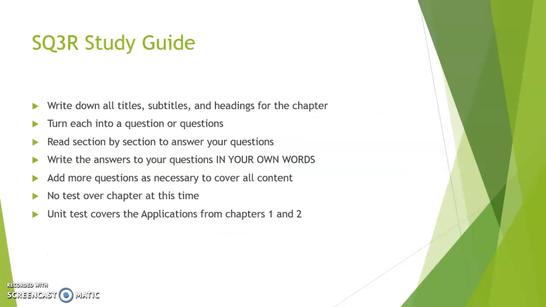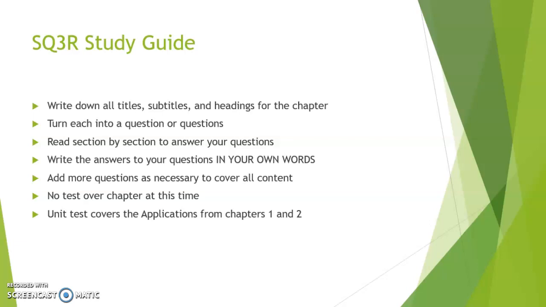Let's talk a little bit more about how you make an SQ3R study guide. Well, for chapter 1, the study guide is started for you. The S and the Q are done. There's two attachments. You just open up one, and in the first attachment, you will see, in the attachment for Chapter 1, all those titles and subtitles and the questions already done.